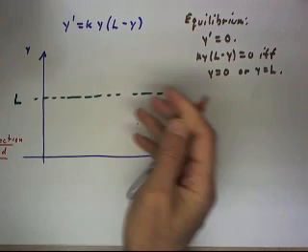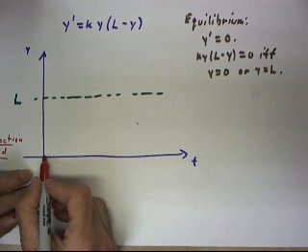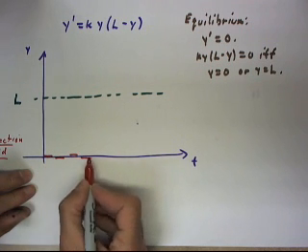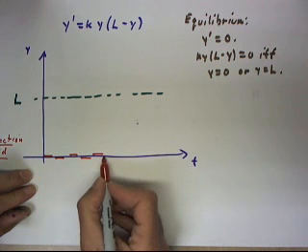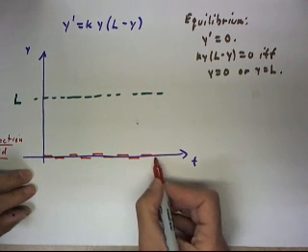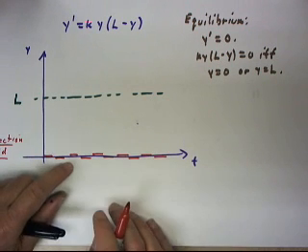This means if we want to sketch a direction field, I'll sketch it just above and just below the t-axis, but these zeros of the slope really do occur right on the axis.